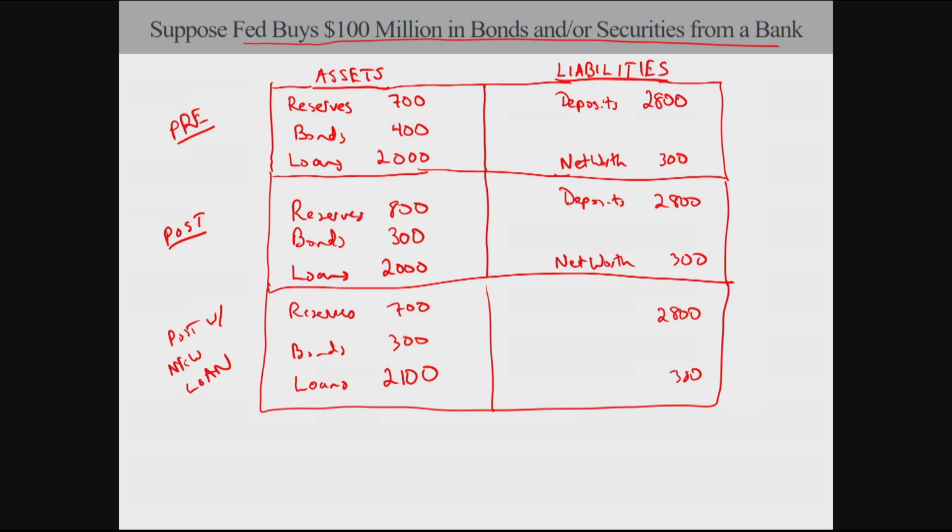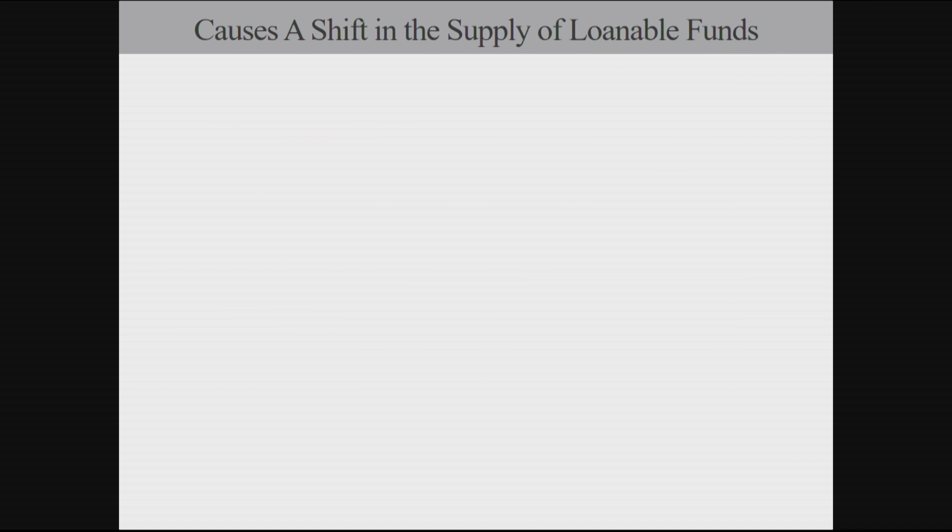So if you were to look at this in essentially a supply and demand type framework, here we've got the market for loanable funds, here's the interest rate R, and here is the quantity of loanable funds.